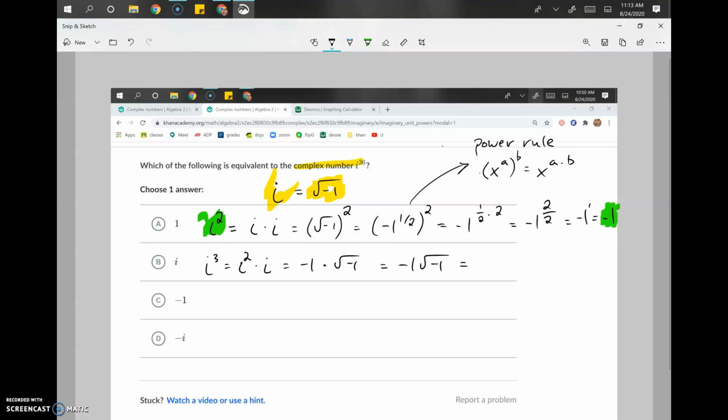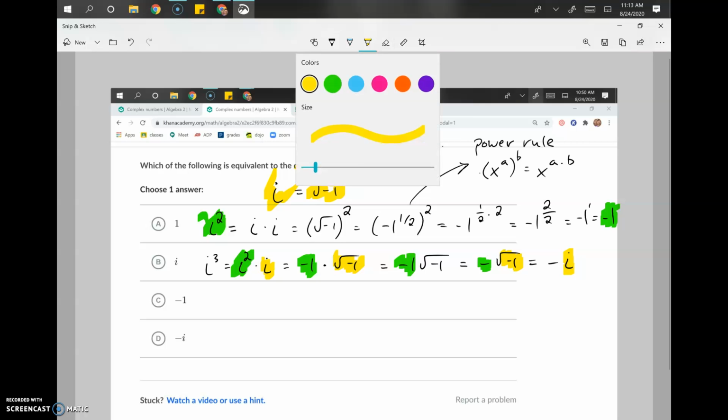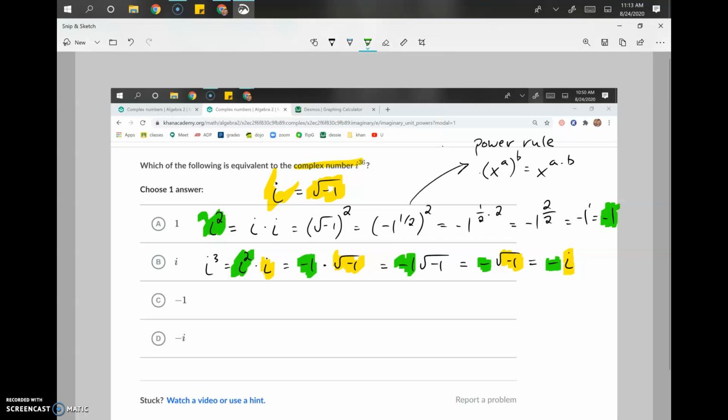And then we can just rewrite this as negative square root of -1, which is the same thing as just -i. That should make sense to you, because -1 is the same thing as i squared. That's the i squared part. Here's the i part. And so i to the third power is essentially just i squared times i.